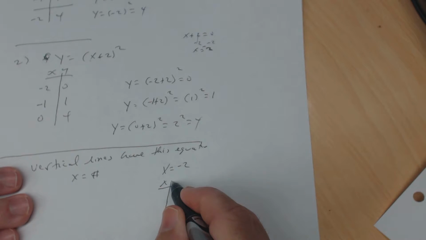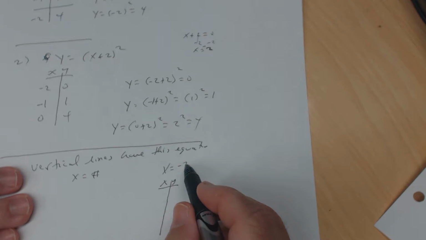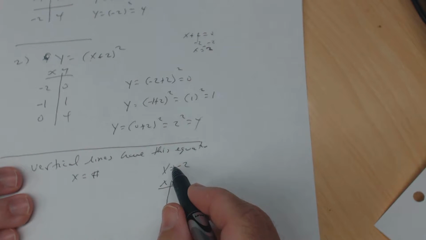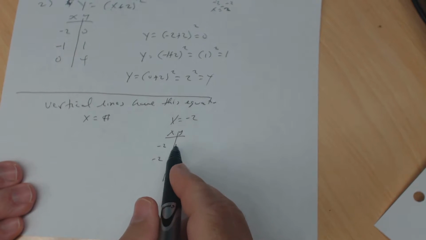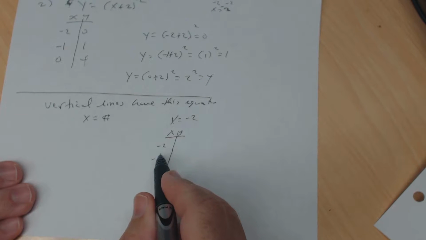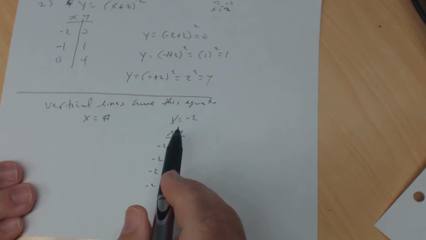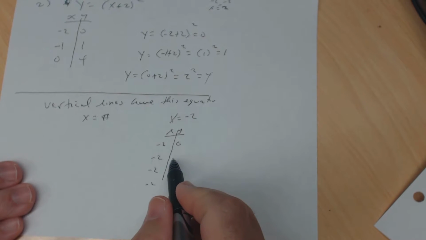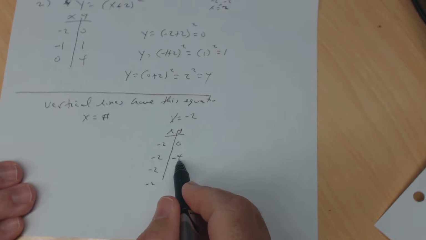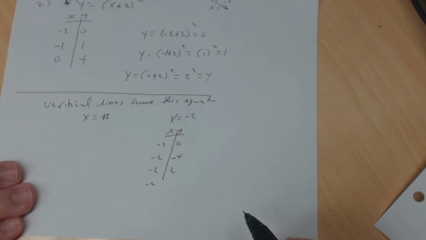And remember what this means is that x always equals -2. That no matter what y is, x always equals -2. That's what this is saying. So no matter what y is, if y is 0, x is -2. If y is -4, x is -2. If y is 2, x is -2, and so on.